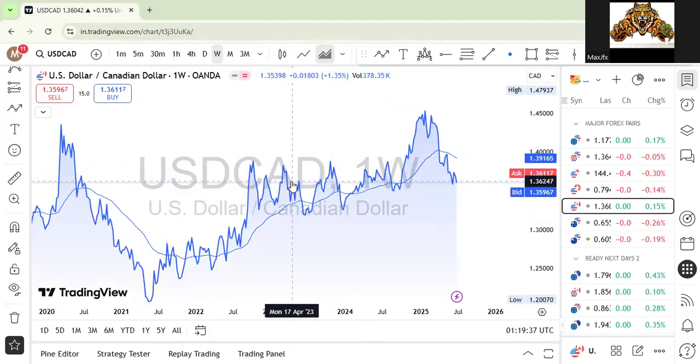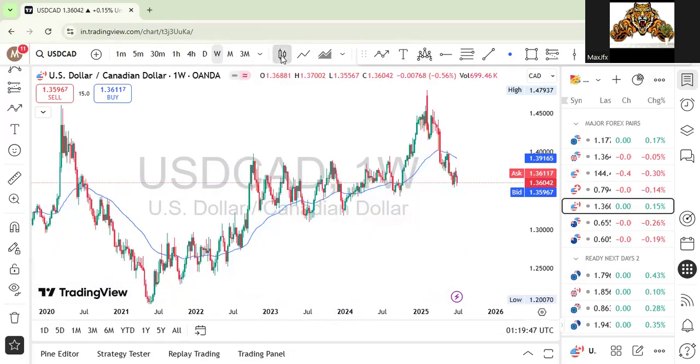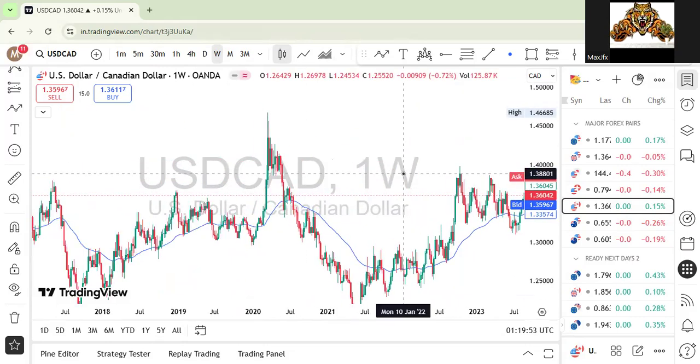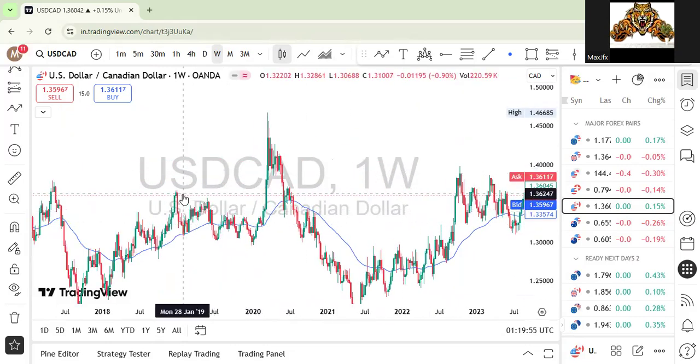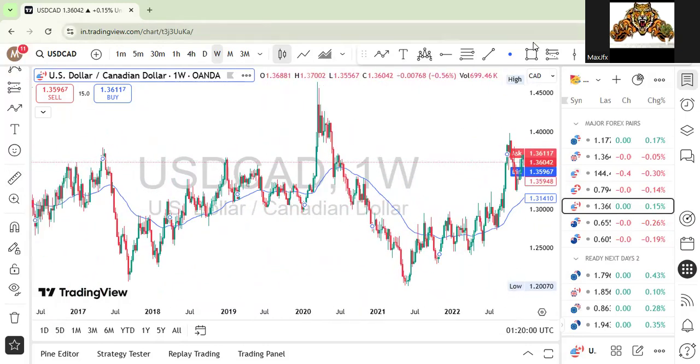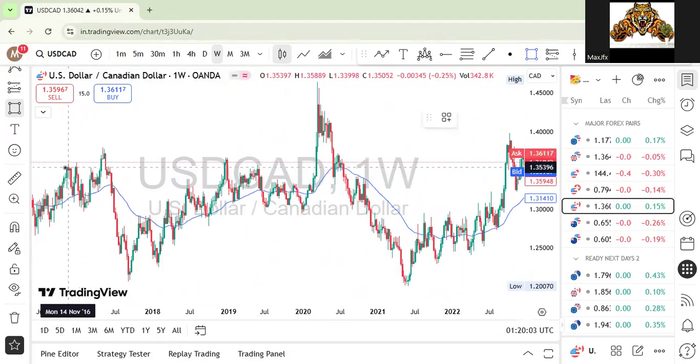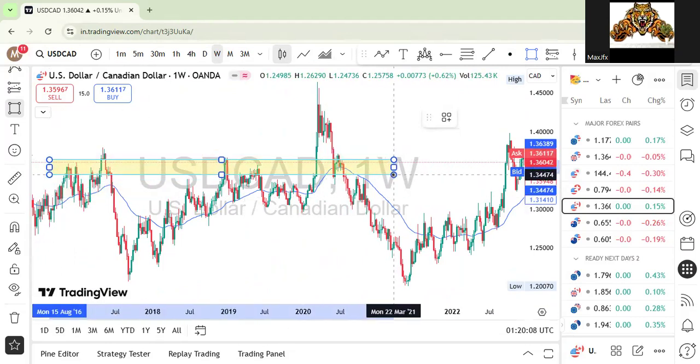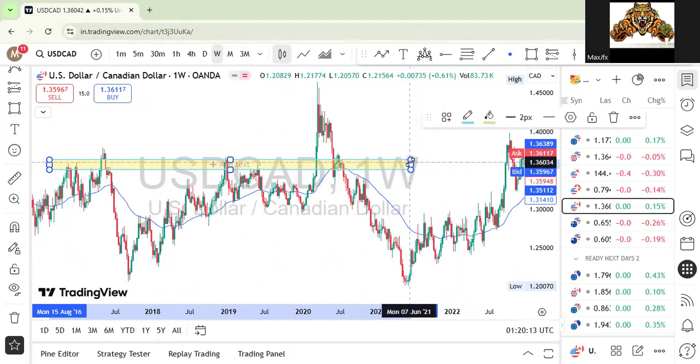So I want a place where I can find a zone. I like this zone right here. This zone is nice.